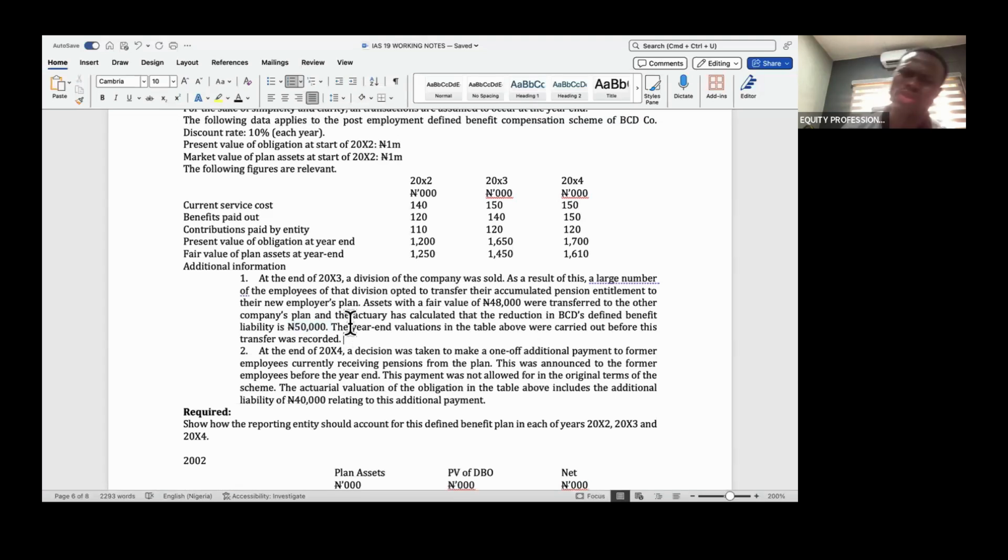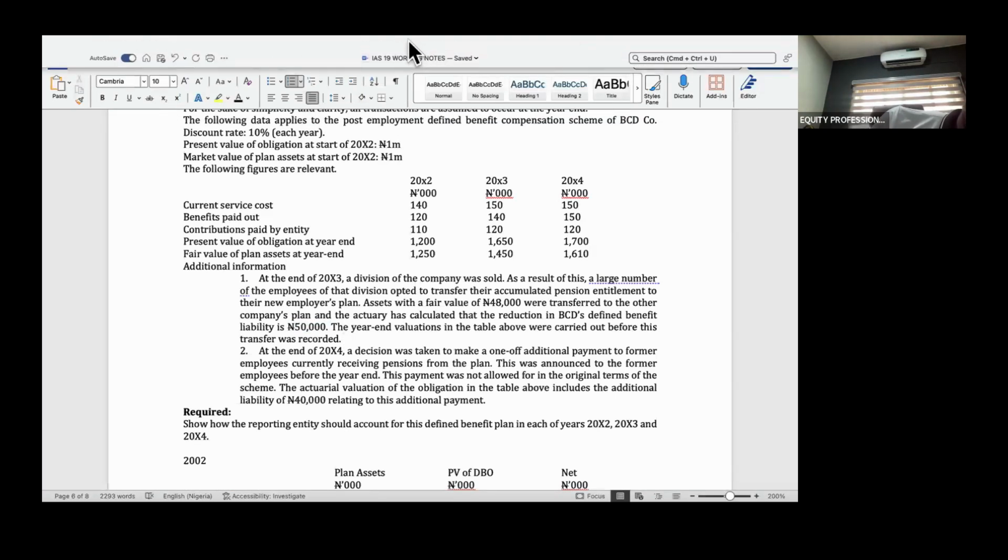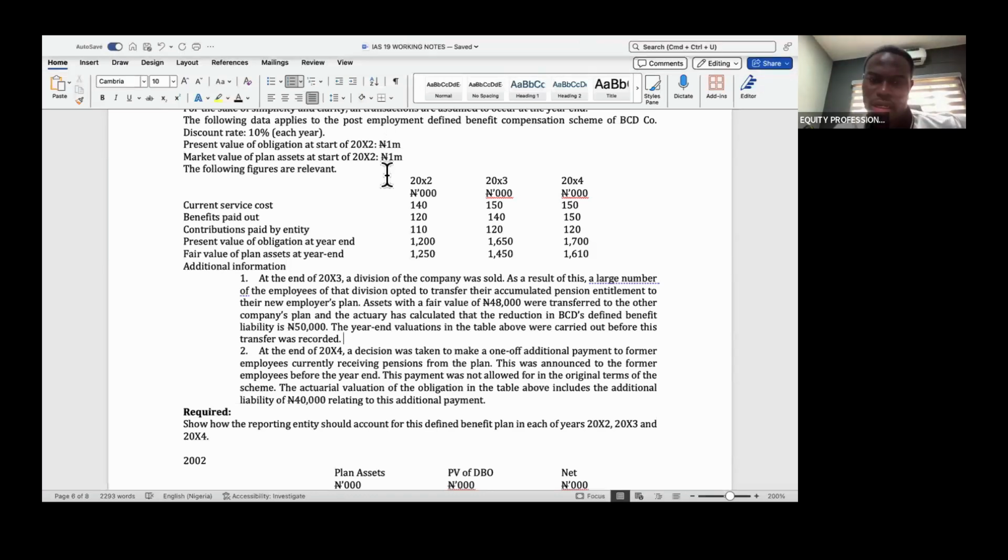Okay, let's look at this closely again. From what I can see here, this company sold a division. Because of that, of course, employees will have to go. So they say they want to transfer their pension to another plan.